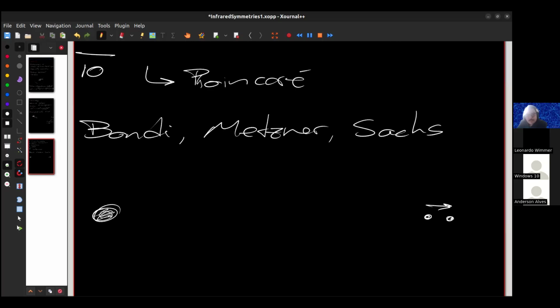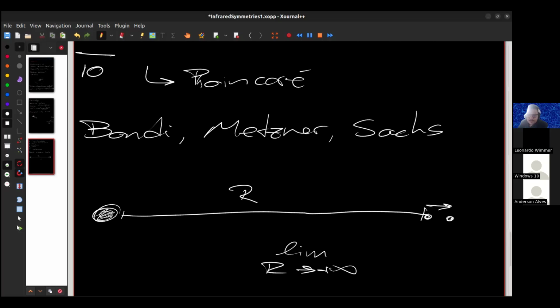But in the limit in which you take this distance, big R, to infinity, we should get a symmetry. So we should recover a translation symmetry when we get to actual infinity. In some sense, we would need to give a better definition of what it is to go to infinity and what we mean by symmetry to actually make sense of this statement.